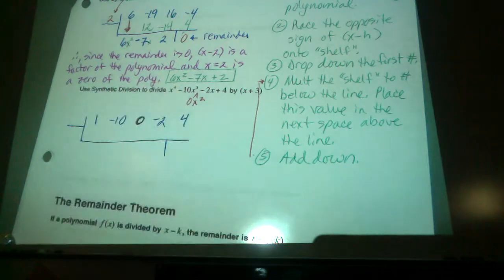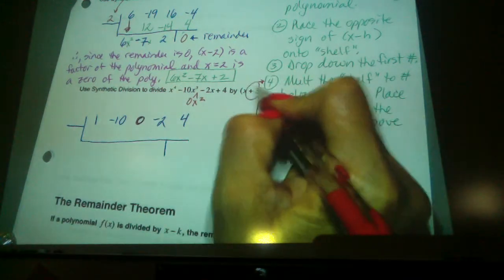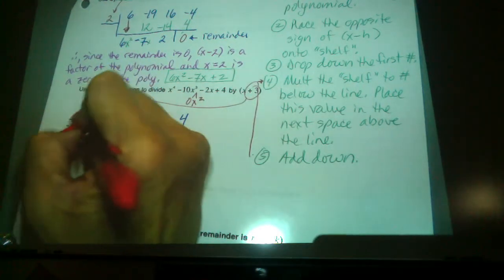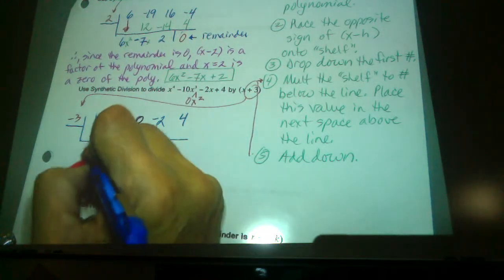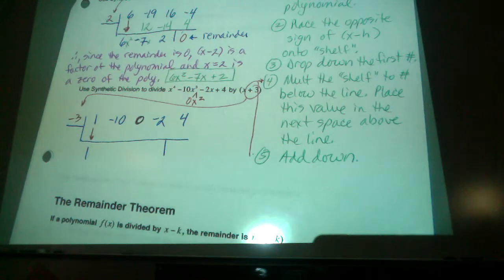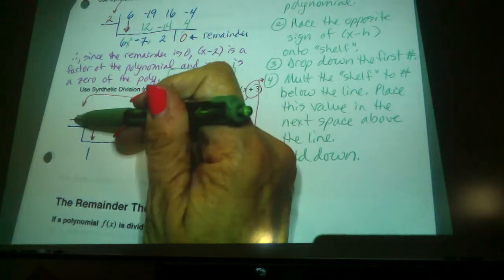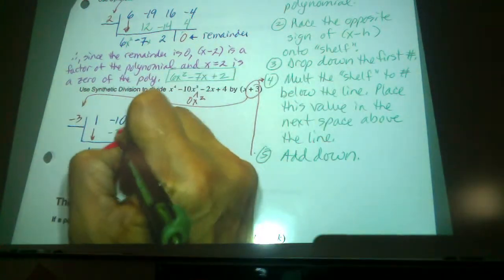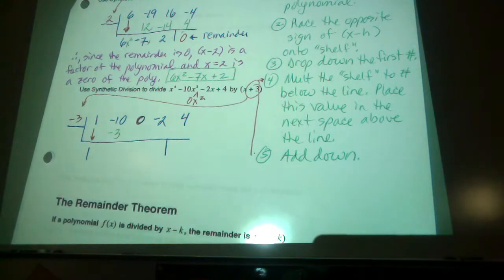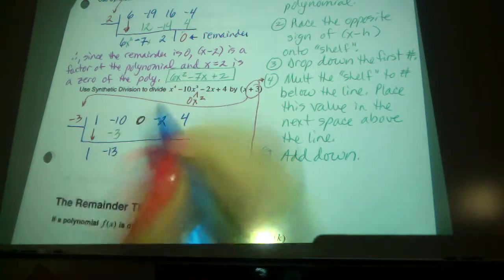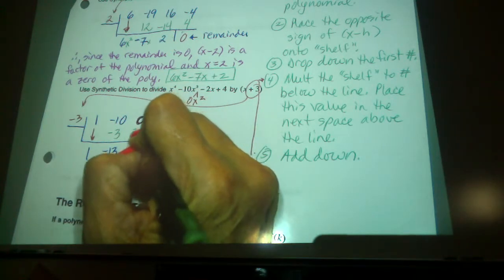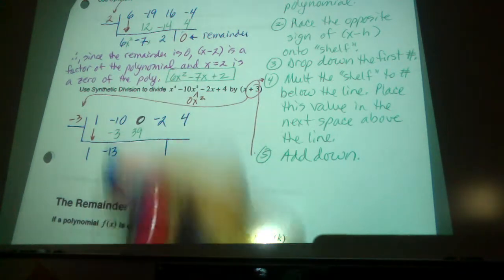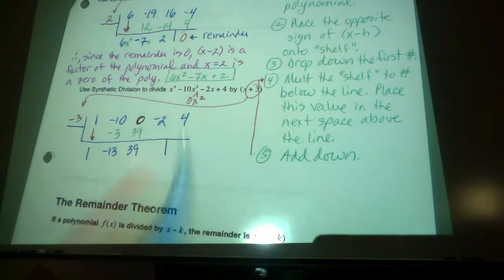What am I putting on my shelf? Yep, opposite sign, so negative 3. Bring down that first number, 1. Process starts all over. So I've got negative 3 times 1, negative 3, add down, negative 13. Negative 3 times negative 13 is positive 39, add down, negative 39.